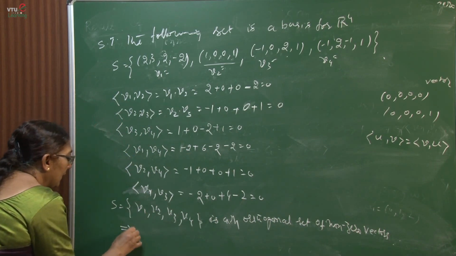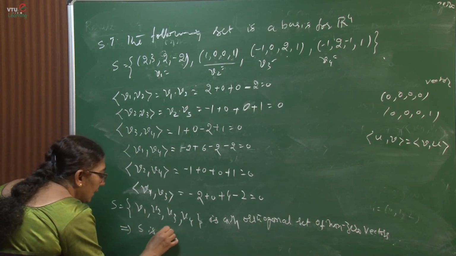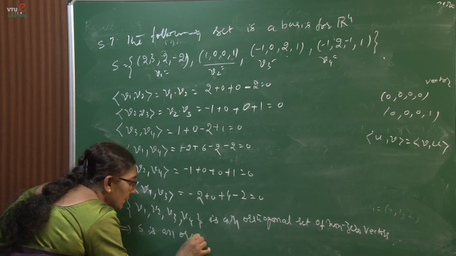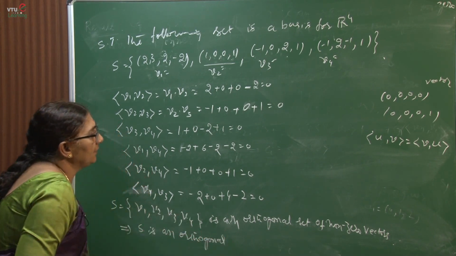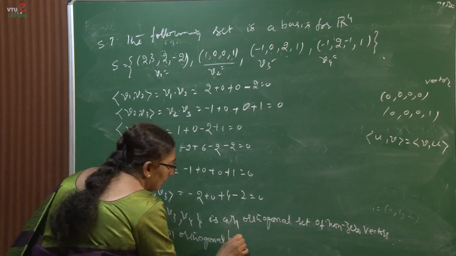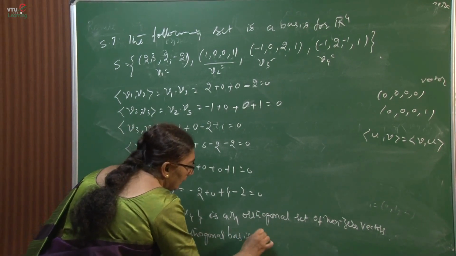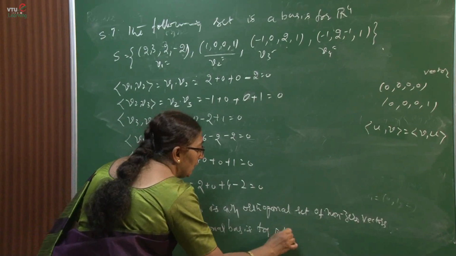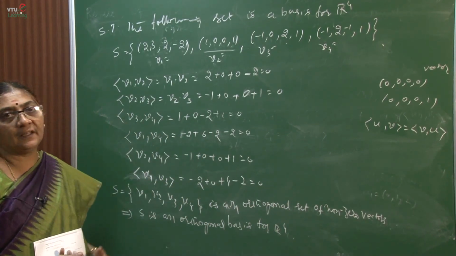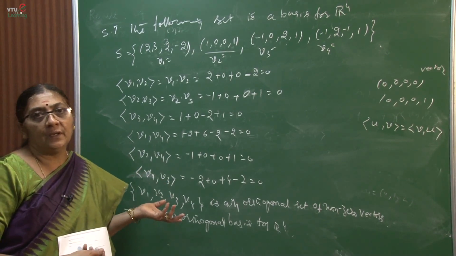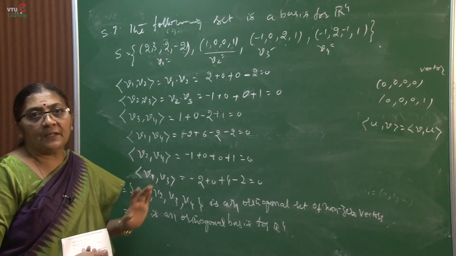This implies S is an orthogonal basis for R power 4. It is then easy to verify whether it is a basis or not from that result. That's why we discussed that result. They are going to ask for the result and its proof also, so observe carefully.